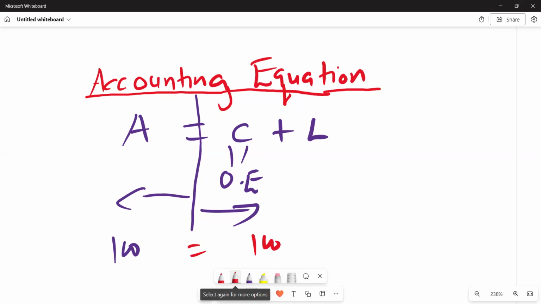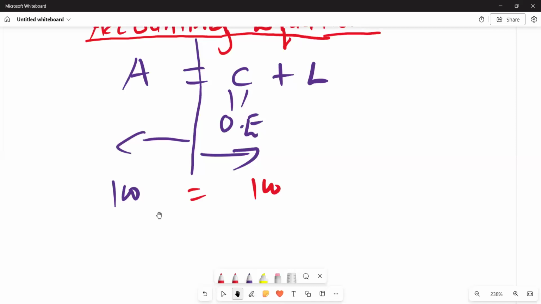Let's say a transaction involves two accounts, one of the entries is part of assets, and one is part of capital. If you have a plus on assets, you are also going to have a plus on your capital, so that at the end of the transaction the two sides remain equal.